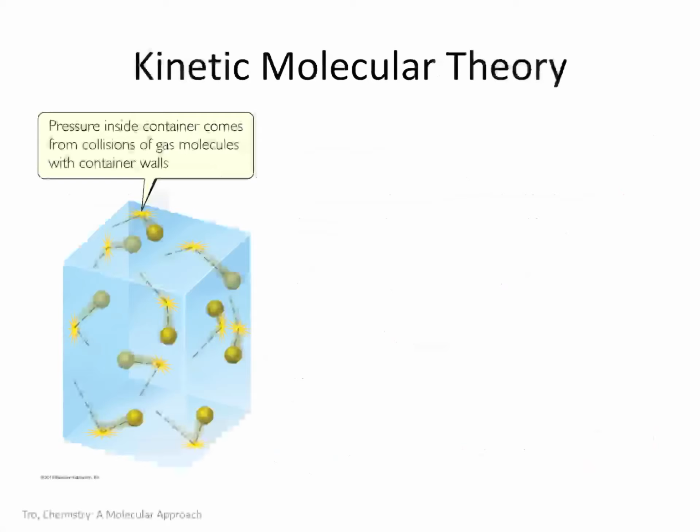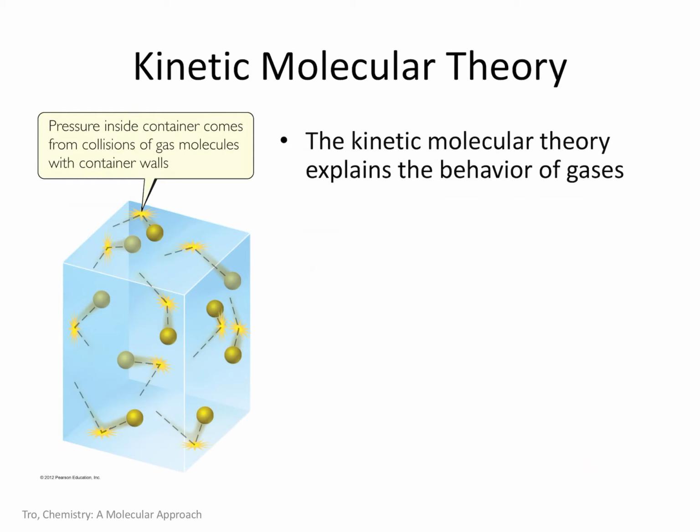Because the particles of a gas are in constant motion, certain points of the theory have been generated. In this model, we say that the size of a particle is negligibly small, meaning that we don't care about the size of the particle specifically.